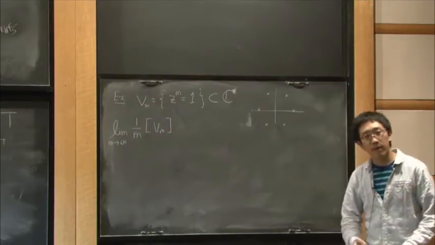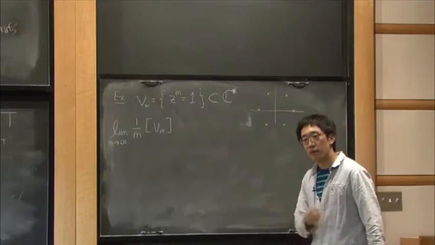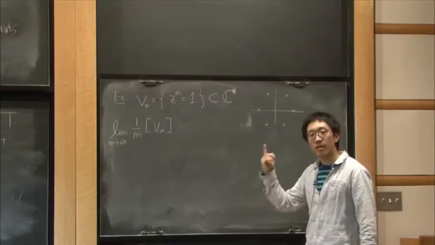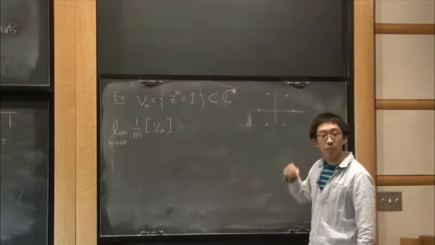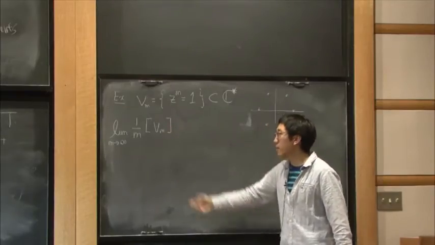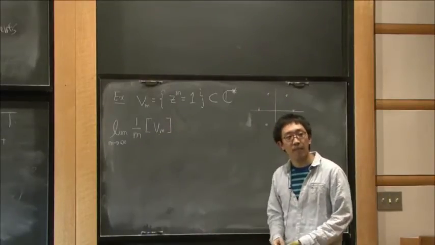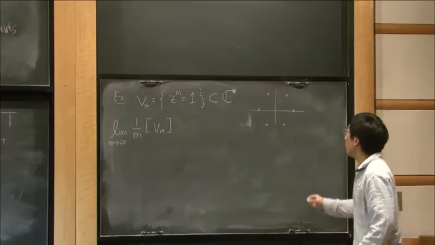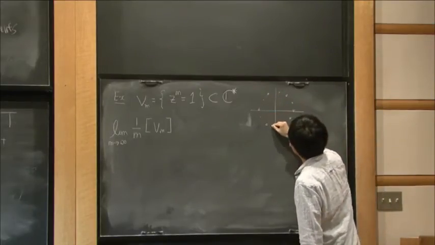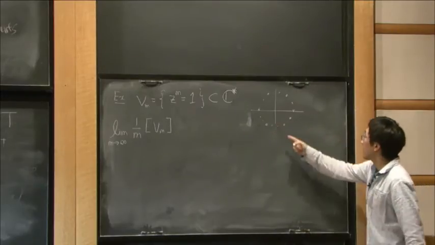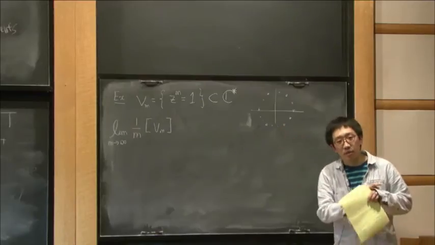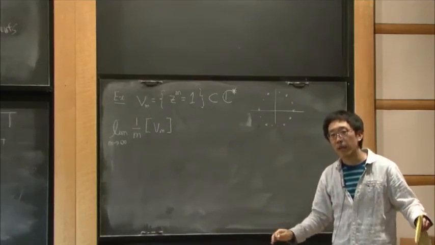That's a zero-dimensional variety, so a zero-dimensional current, which acts on functions and basically evaluates the functions at these m points. So it's a collection of m Dirac delta measures, and you divide by m. So as m goes to infinity, the subvariety V_m tends to a dense subset of the unit circle S^1 in a uniformly distributed way.